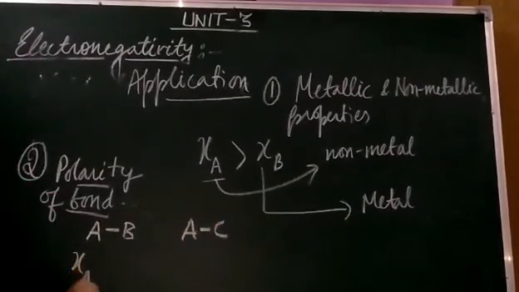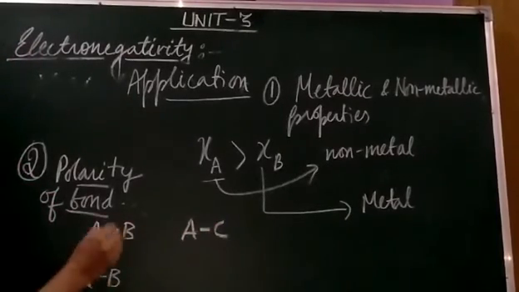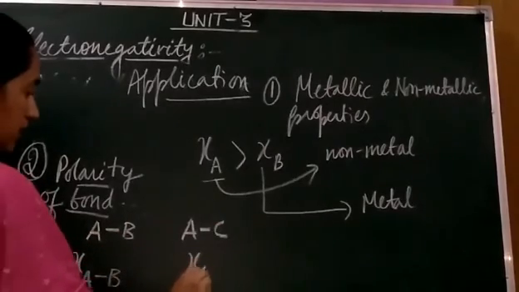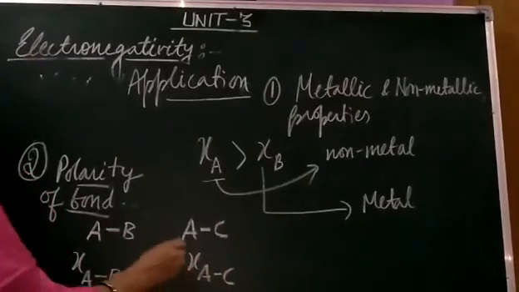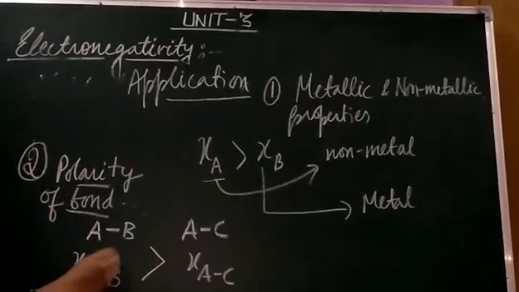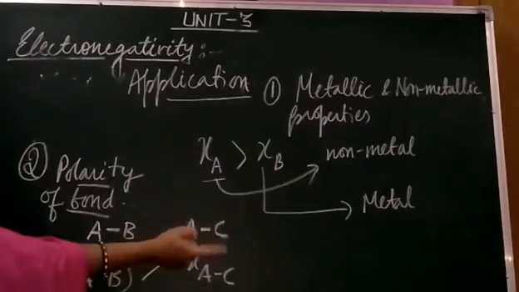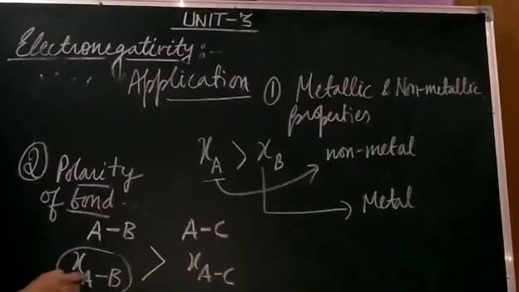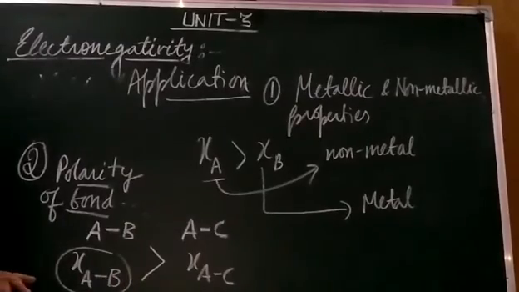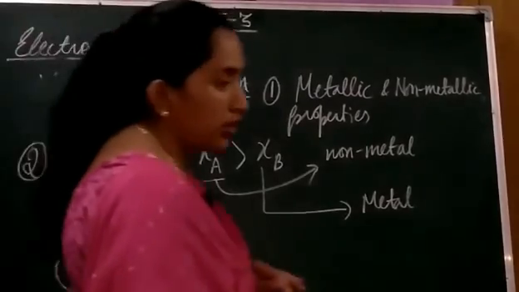Now, if the difference in electronegativity of bond AB is more than that of bond AC, then AB is going to be the more polar molecule and AC will be the less polar molecule.